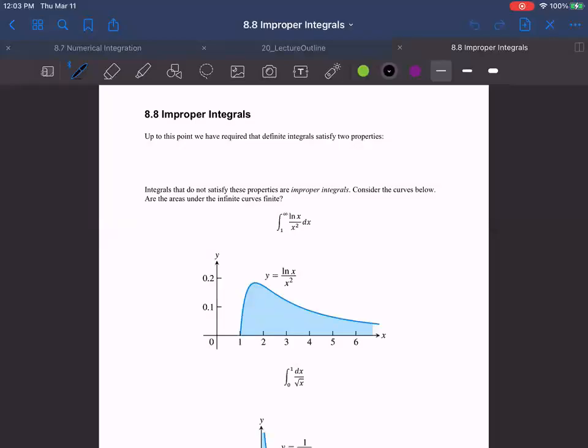All right, so what we have here are improper integrals, something we haven't done yet. Up to this point, we have required that definite integrals satisfy two properties.